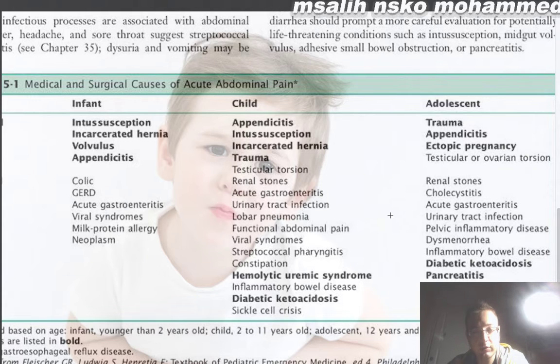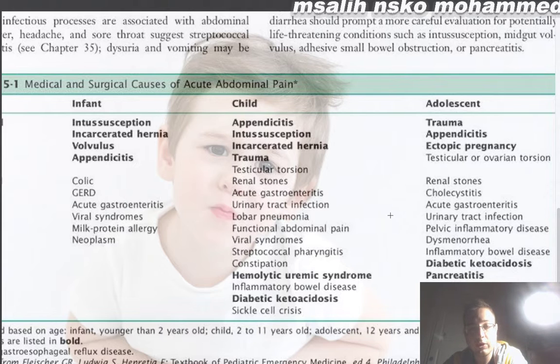Maybe the patient has a temperature, and if the patient has pelvic inflammatory disease, they also have to do urine analysis, and see if there are neutrophils in the urine, or if there is blood inside the urine, which is characteristic of renal stone.